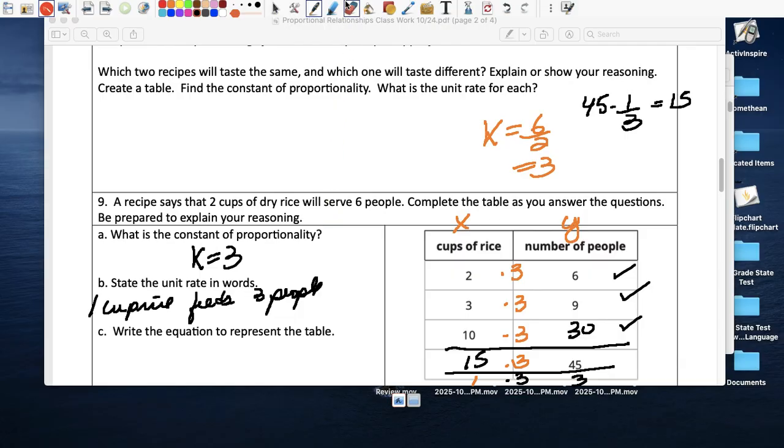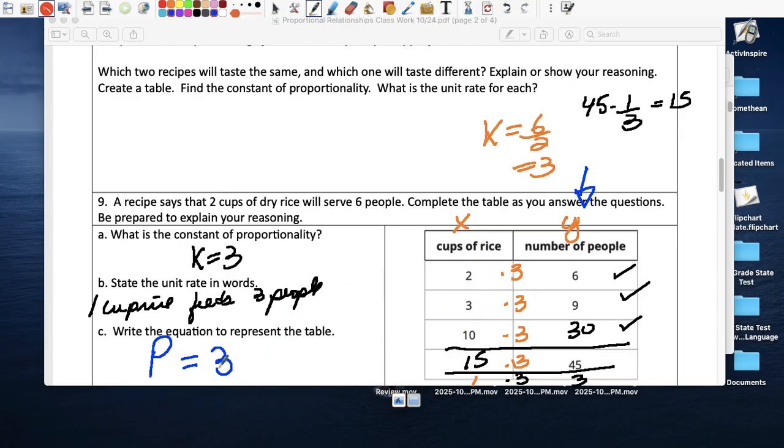Well, the question here is, you're always going to talk about y, because that's the result that I need to figure out. So if I want to know how many people I can feed, let's call it P, what am I multiplying by? I'm multiplying 3 times the number of cups of rice.